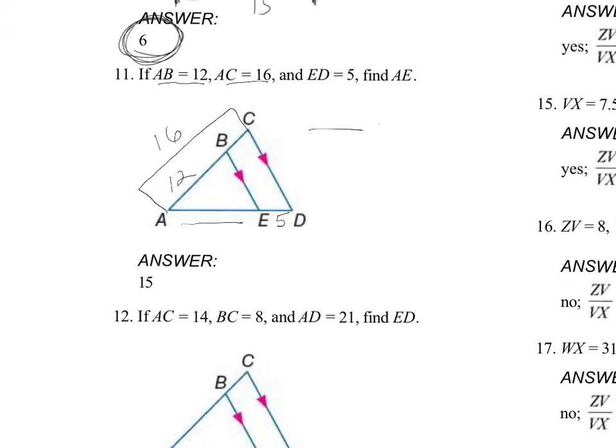So let's go ahead and get our proportion ready to set up. If we start, we're looking here at this part of the triangle, which would be 12, to this part here, which is 16.